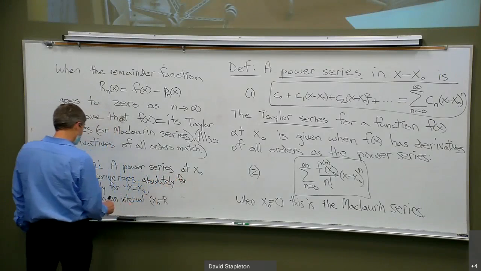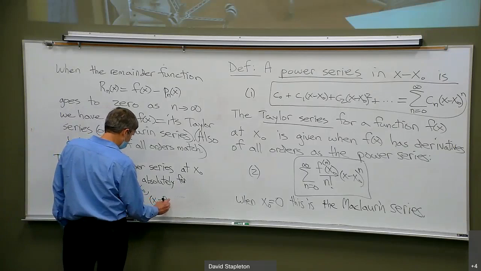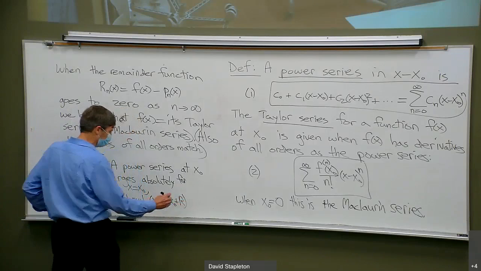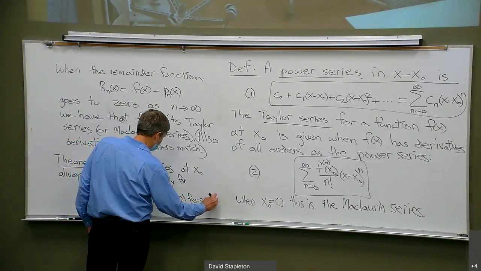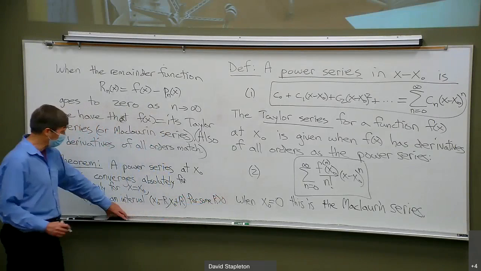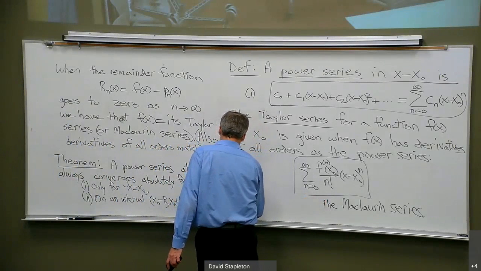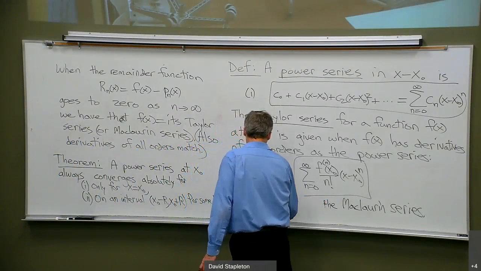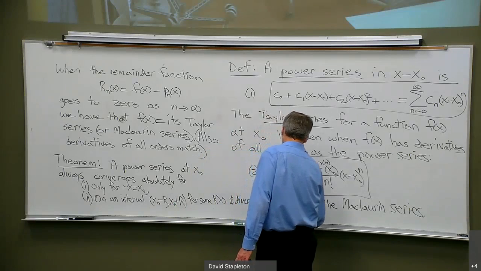For just the point, or on an interval x0 minus r to x0 plus r for some r greater than 0, called the radius of convergence. And then it diverges for x greater than x0 plus r and x less than x0 minus r.